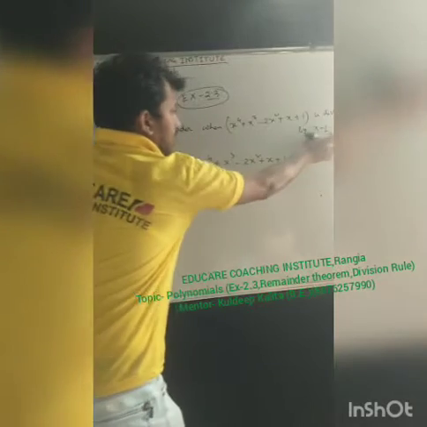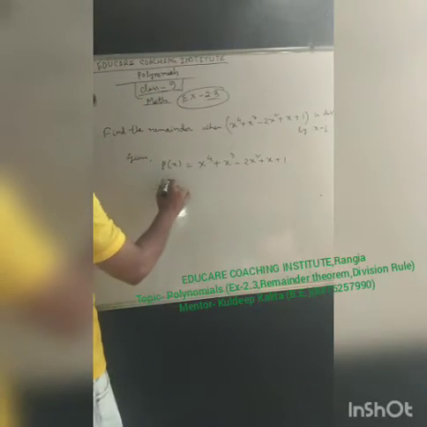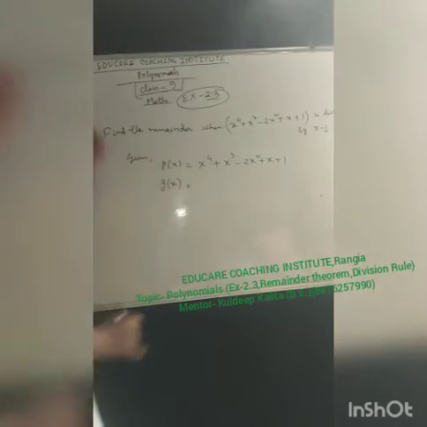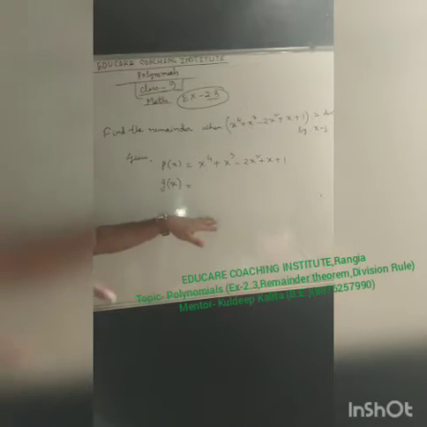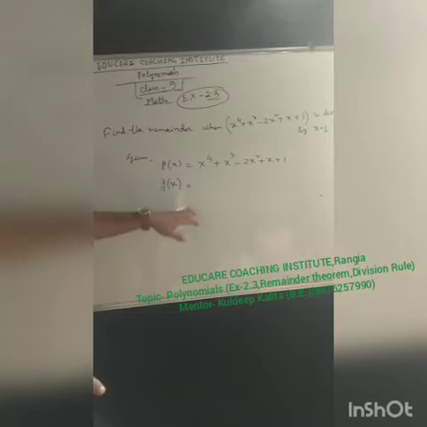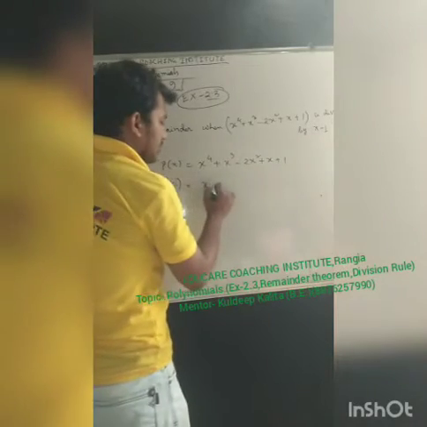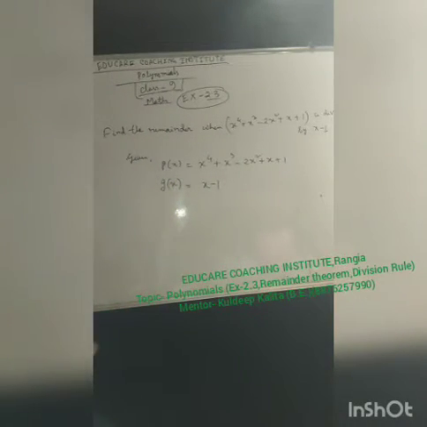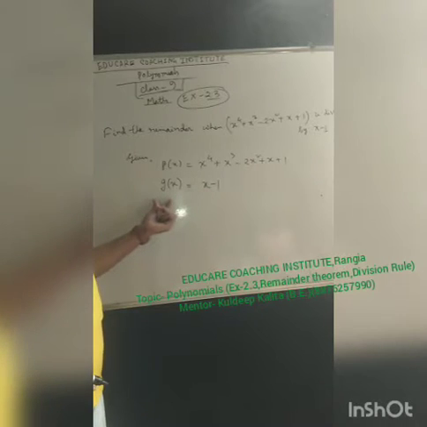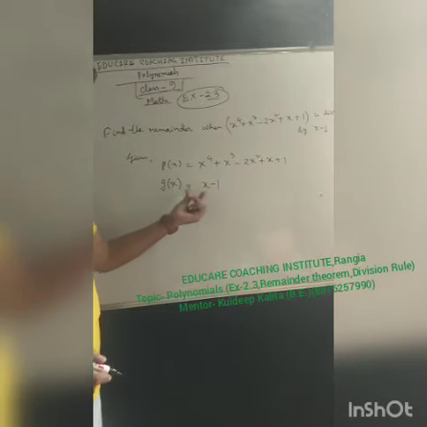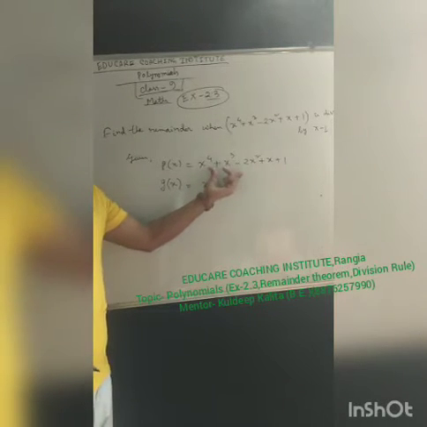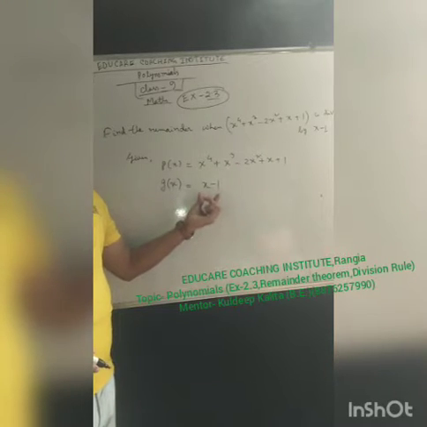And the other polynomial given is g(x), the polynomial by which we have to divide. x minus 1 is the g(x). Clear?